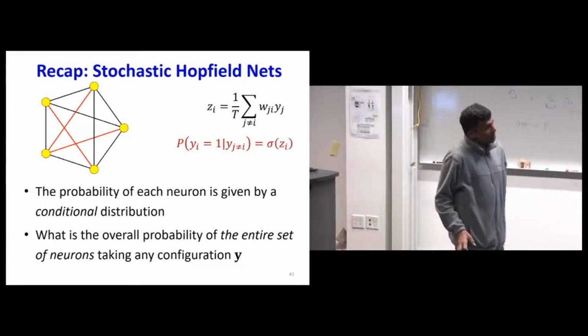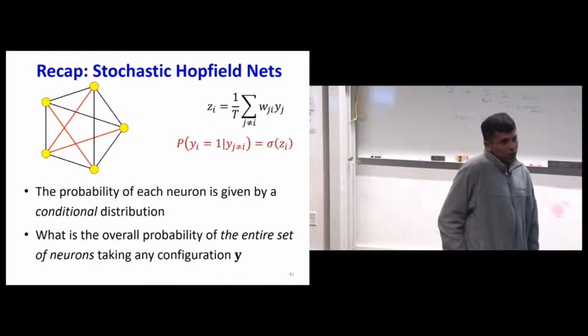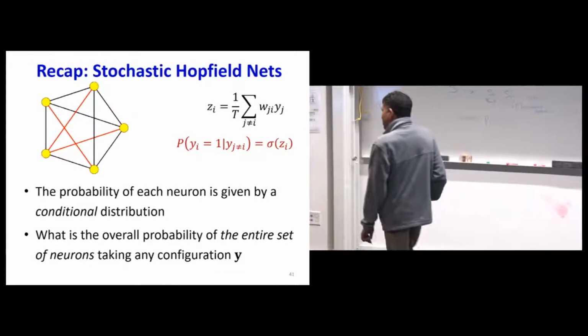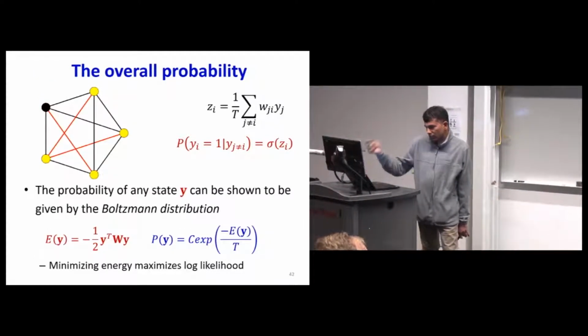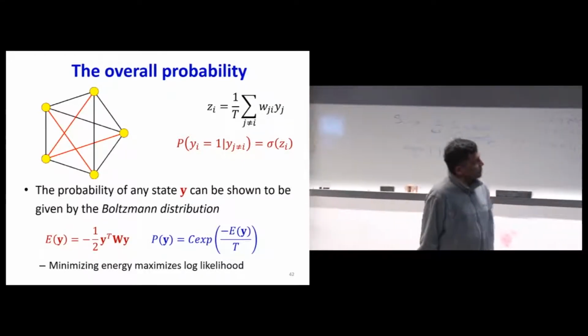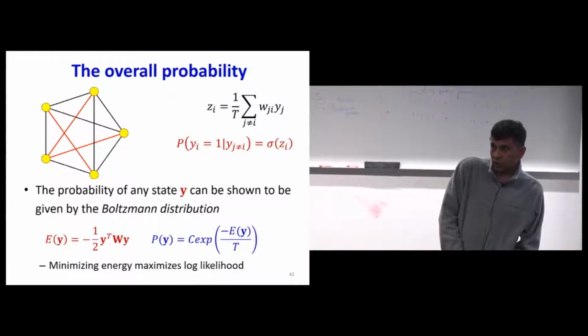It's very trivial to show that if you actually think of each neuron as following a logistic, then the probability distribution for the entire configuration is simply given by the Boltzmann distribution. So I derived the logistic for the individual neurons by going back from the Boltzmann distribution.